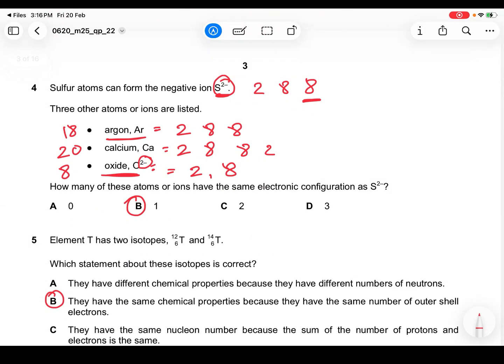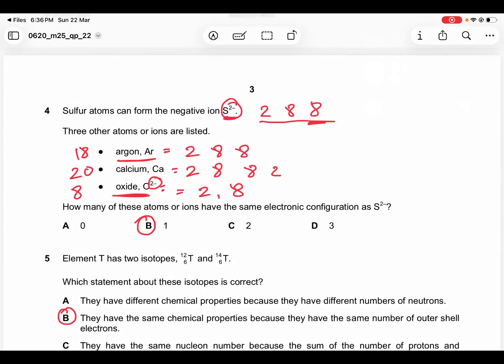Sulfur atoms can form negative ions, which is S2-. 3 other atoms or ions are listed, that is argon, calcium and oxide. How many of these atoms or ions have the same electronic configuration as the sulfur ion? Now S2-, that is after accepting electrons, the electronic configuration is 2,8,8. We have to find out which of argon, calcium and oxide resemble the same electronic configuration.